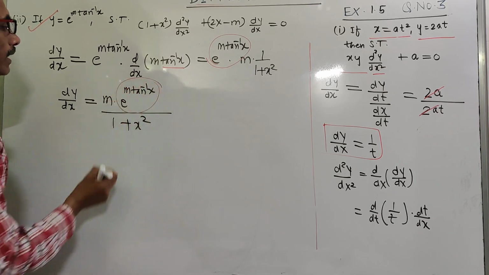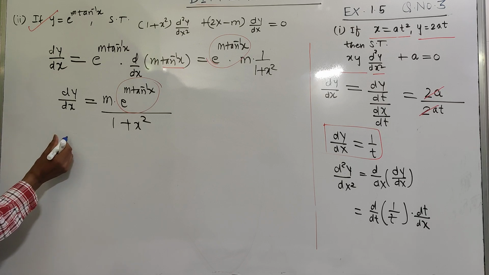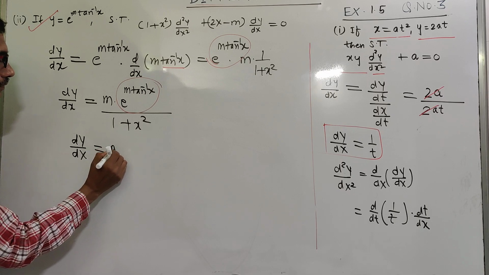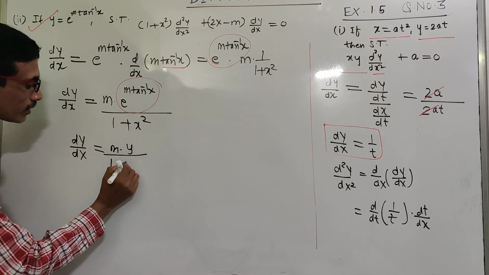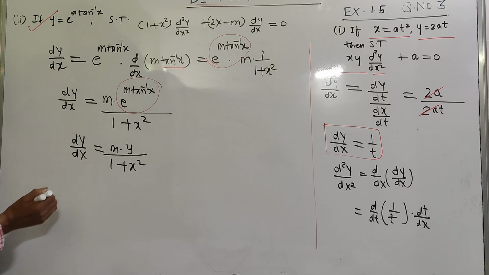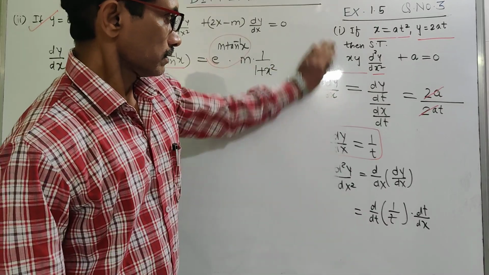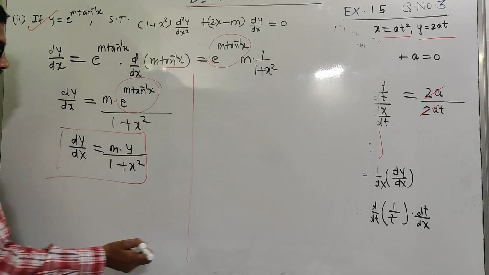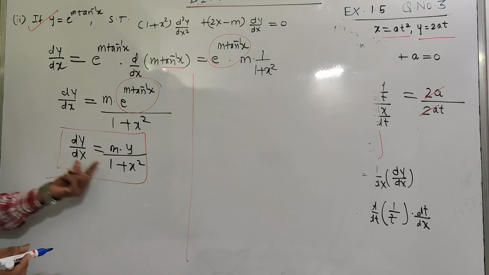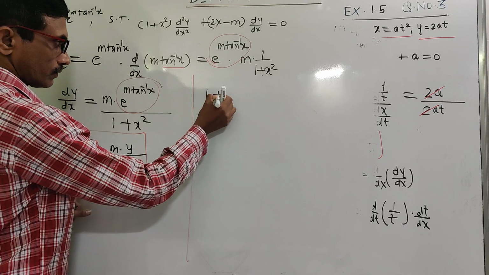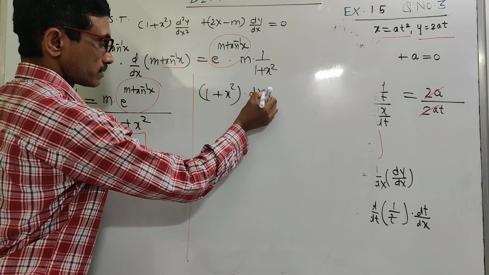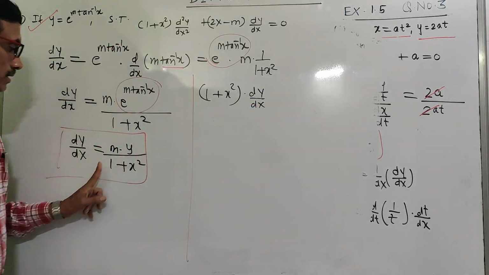This we write y, so that dy by dx is equal to m into y upon 1 plus x square. So we are getting this relation. Then take cross multiplication, 1 plus x square into dy by dx is equal to my.